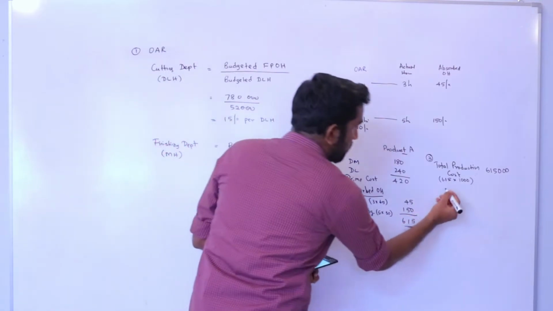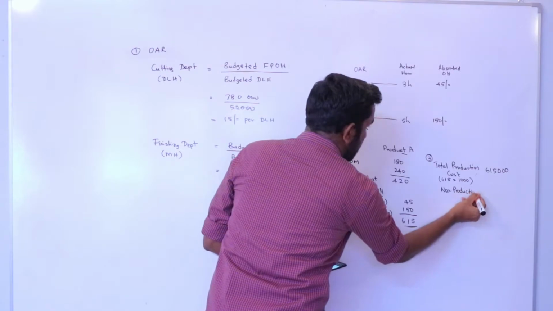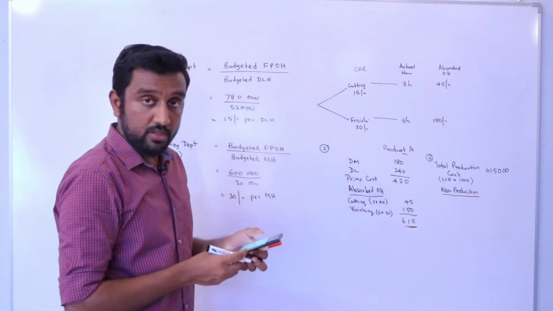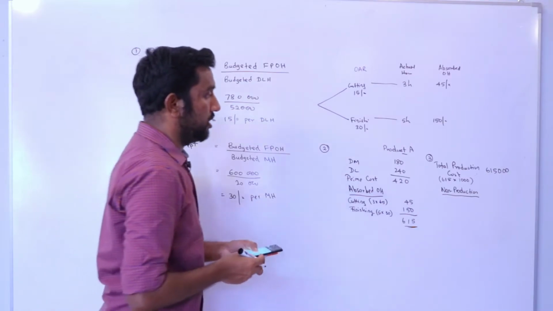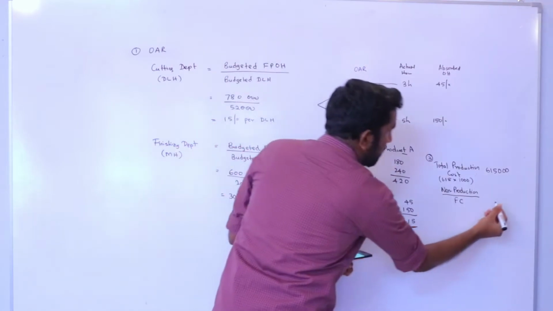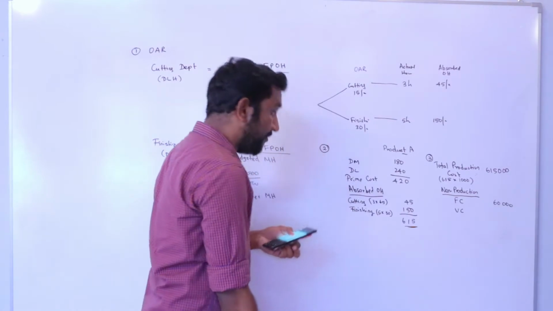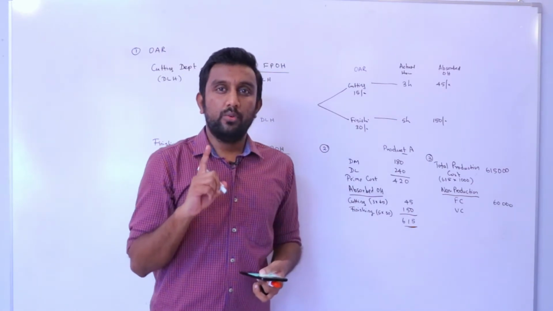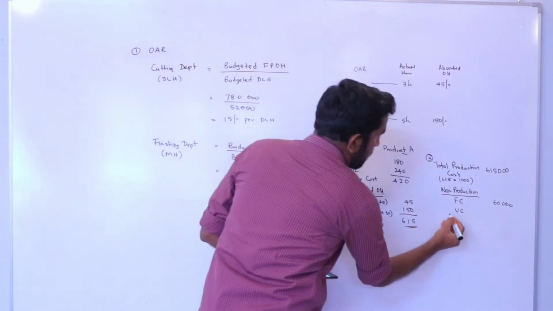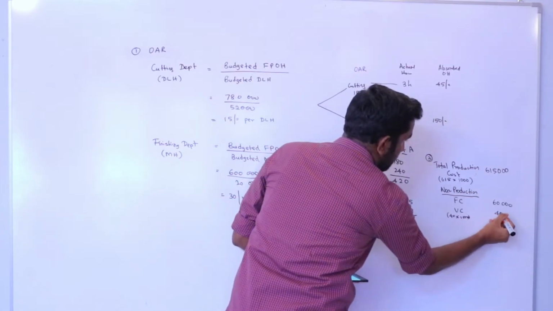Then non-production. So non-production we have 2 in the question. They gave fixed non-production and variable non-production. Fixed cost is given 60,000 and variable they gave 40. So 40 for 1 unit, because variable cost per unit they gave, right? So 40 into 1000, 40,000.